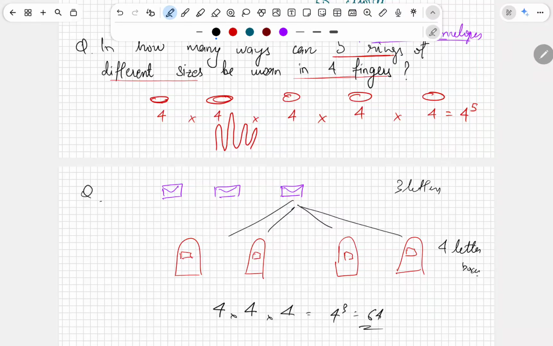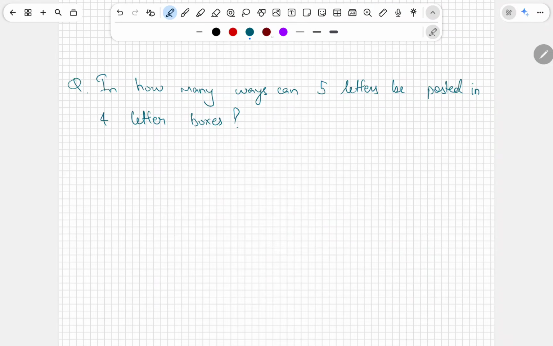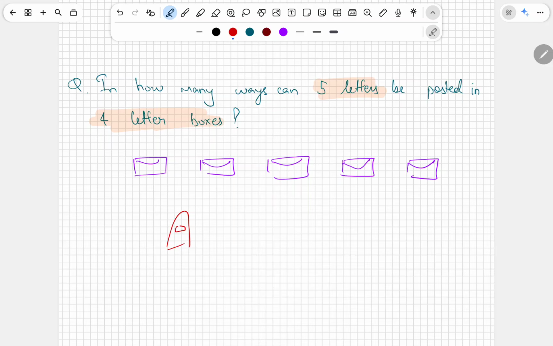I hope the concept is clear. So now let's try this question which says, in how many ways can 5 letters be posted in 4 letter boxes? So how many letters do I have? I have 5 letters: first letter, second letter, third letter, fourth letter, fifth letter. How many letter boxes are there? There are 4 letter boxes.